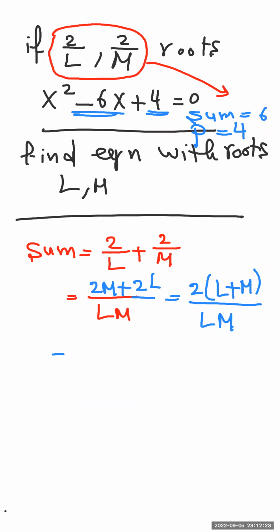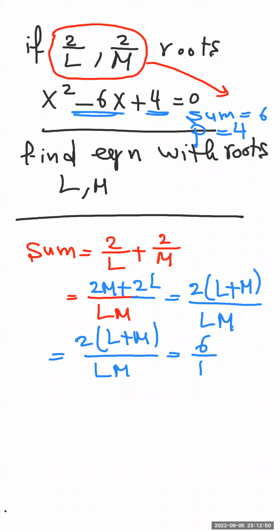So now the sum of these two roots will equal 6. So simply 2 times (L plus M) over LM will equal 6 over 1, because that was the sum. Okay.